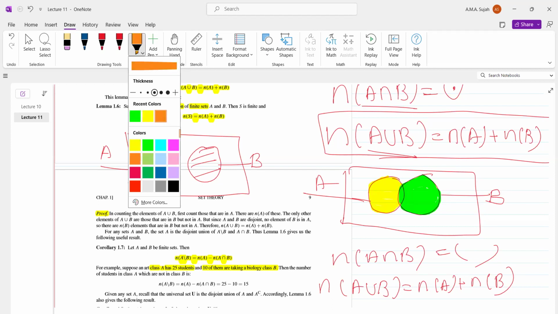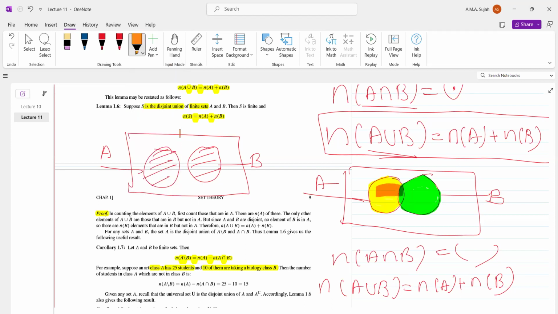If I look this way, what will happen? Now tell me, is it correct to take the number of A union B as the number of A plus the number of B? Is it correct? Wrong. Why?